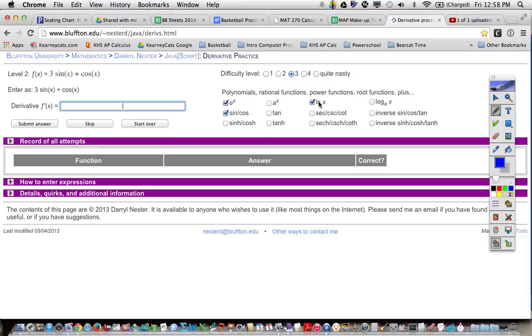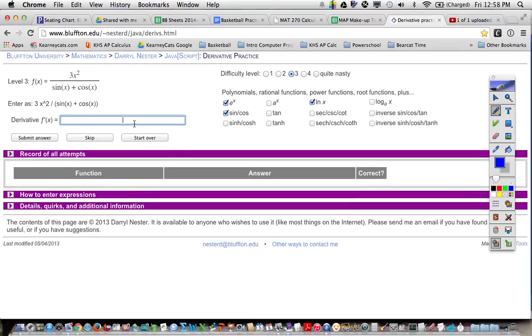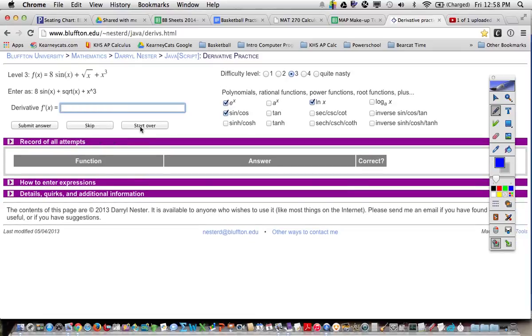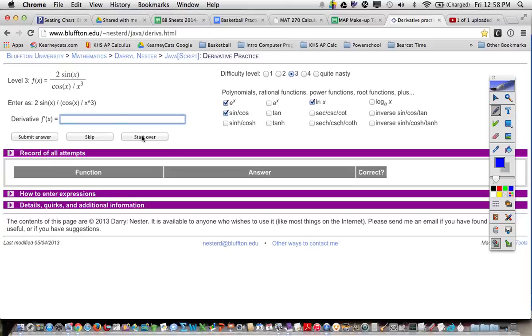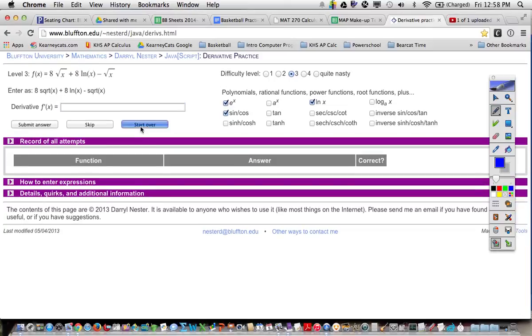Just because you check these boxes doesn't mean you're going to get these. I've chosen just the easy ones, e and ln and sine and cosine. That's too easy, we won't do that one. It's too easy. What am I on, 3 here? That's too hard.